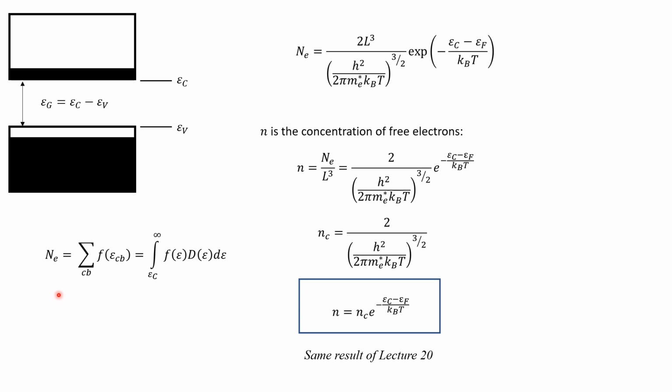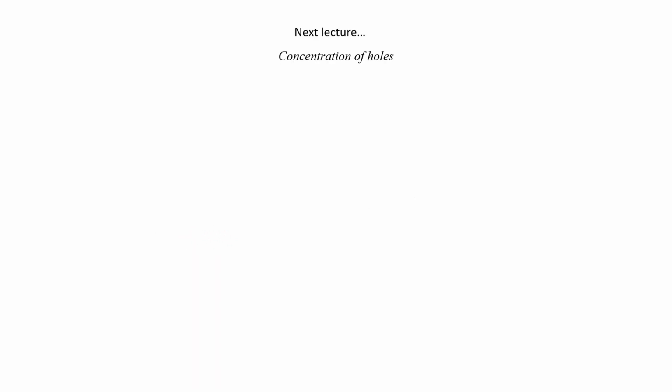And it is the same result because we have done exactly the same sum. But last time we did the sum by taking the contribution of all orbitals, orbital by orbital. And this time we grouped all orbitals with the same energy and took their contributions in one stroke using the density of states. And that's it for today.